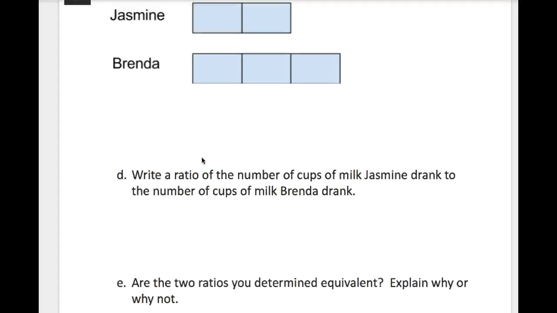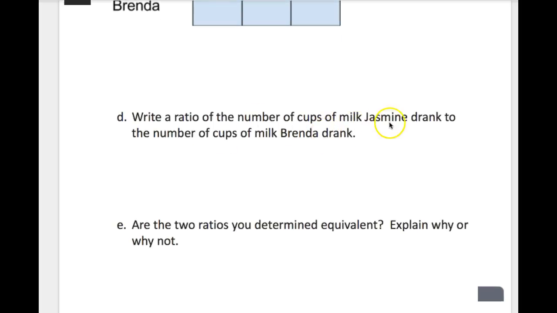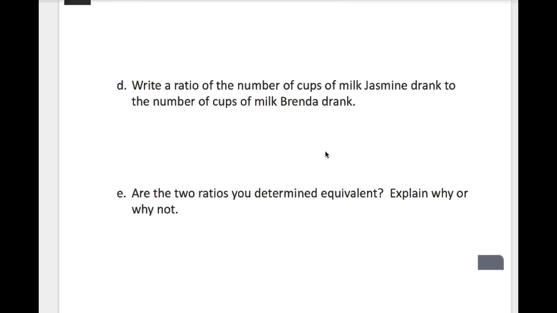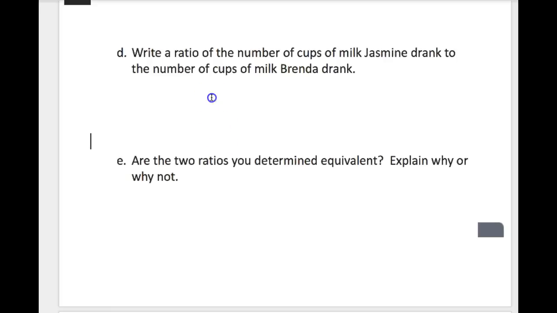Now we're asked to write a ratio of the number of cups of milk Jasmine drank to the number of cups of milk Brenda drank. Well, our ratio is 4 to 6. And so there's our ratio.